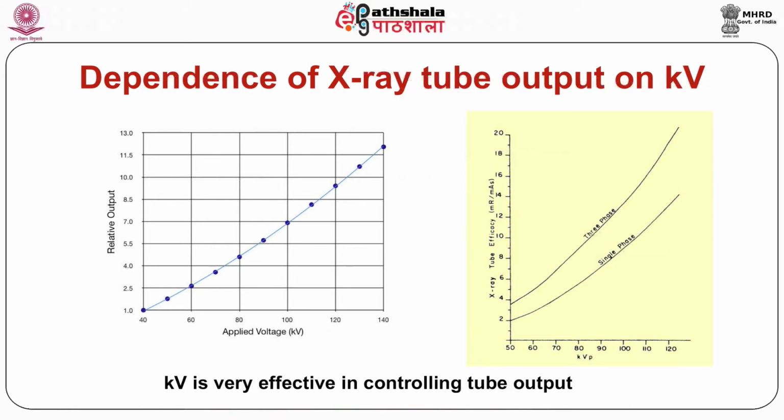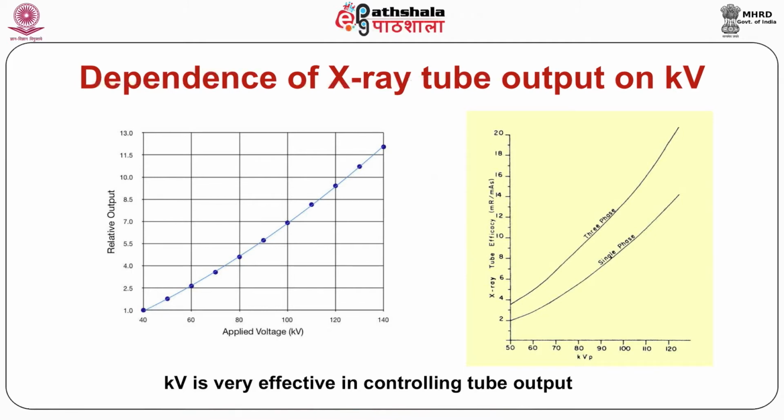The tube current mA is equal to the number of electrons flowing from the cathode to anode per unit time. The exposure or intensity of the beam for a given kV, say for example 60 kV, and filtration is directly proportional to the tube current as we have seen earlier. However, it is also observed from the figure that the tube current has no influence on the photon distribution.